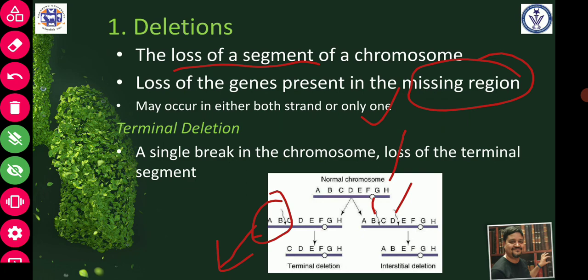That means the segment will be lost from inside, not from the terminal portion. So that is why it is called interstitial deletion, whereas the previous one was called terminal deletion. I hope this is clear to you. This is simply based on the name: interstitial means deletion from inside, and terminal means deletion from the terminal side.